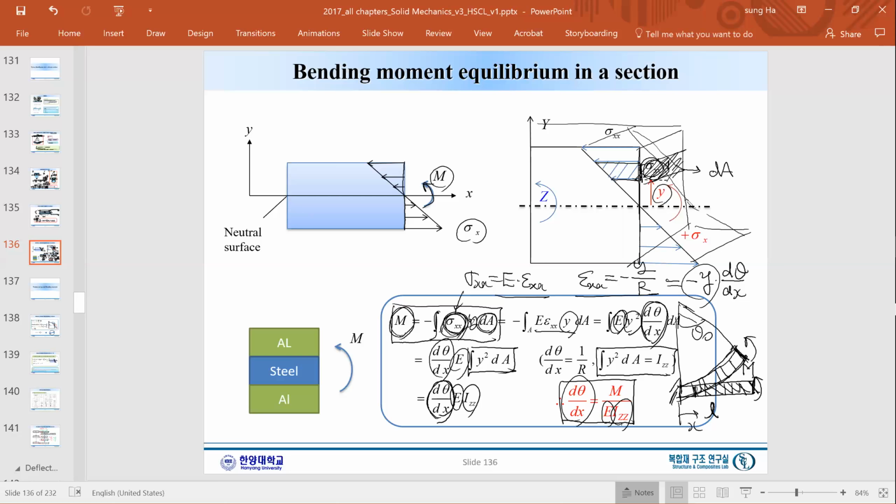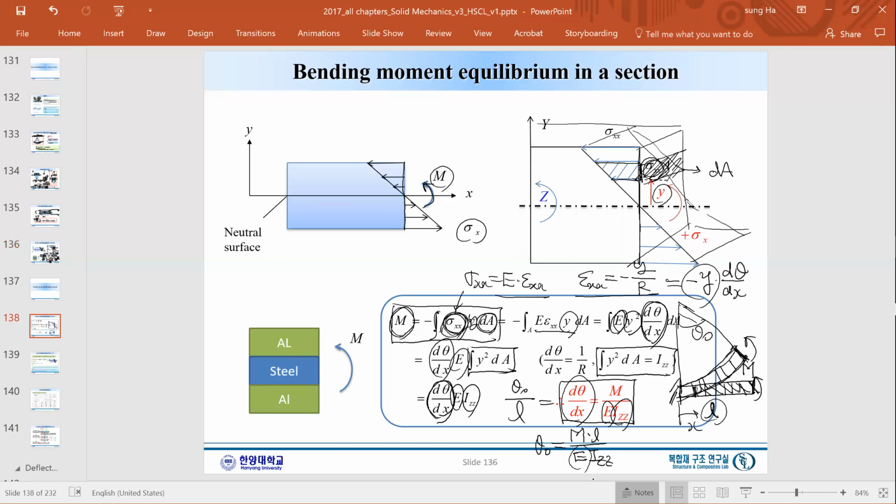Then theta 0 over L, so the final theta 0 is moment times L over E Izz. That is the angle of rotation under the moment of a beam of length L, Young's modulus E and moment of inertia Izz. This is the final equation, very important.